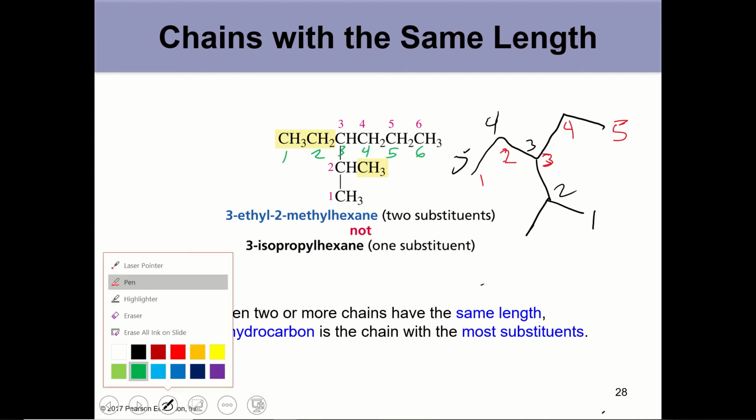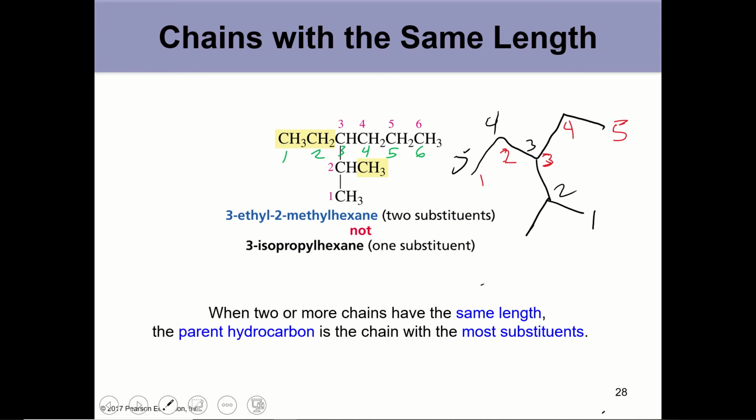But if we follow the book's numbering in red, this is the correct numbering. And the reason that it is correct is that it gives a less complicated branch point. So it is better to have more branches than to have a branch that has to be put into parentheses in front of the molecule name.